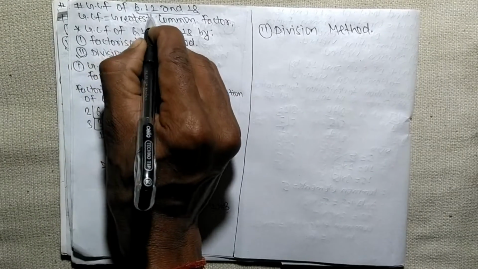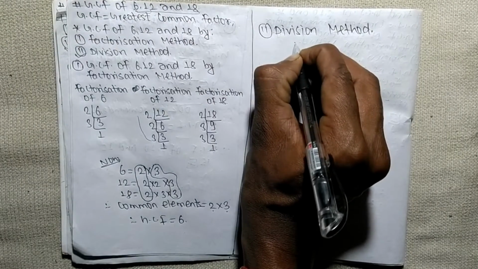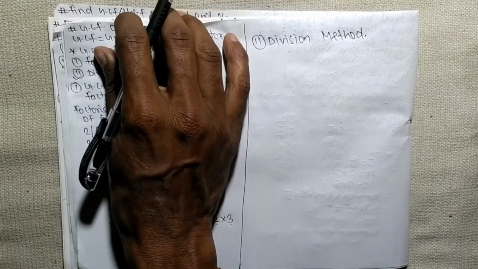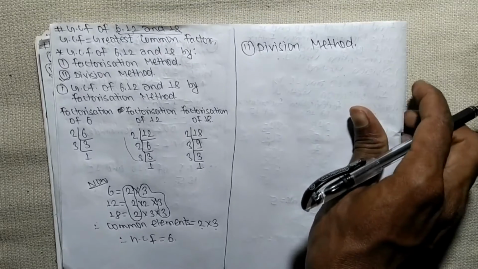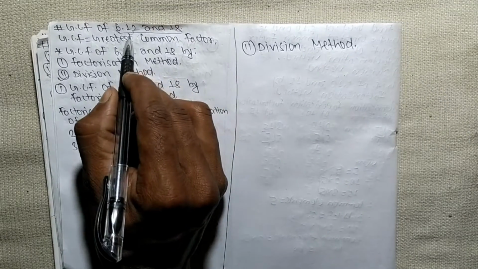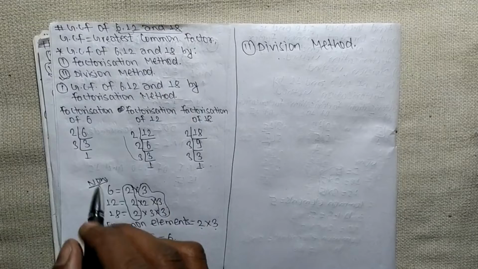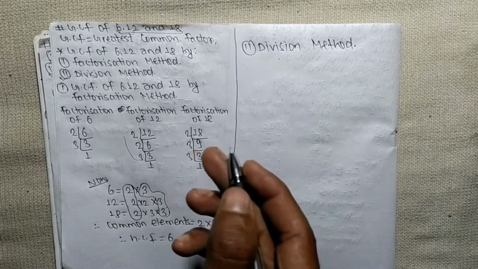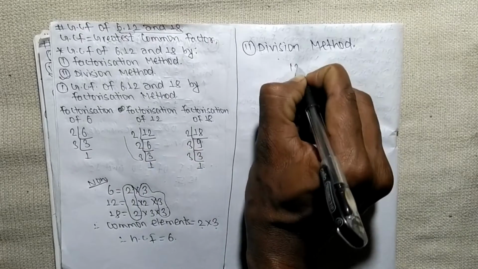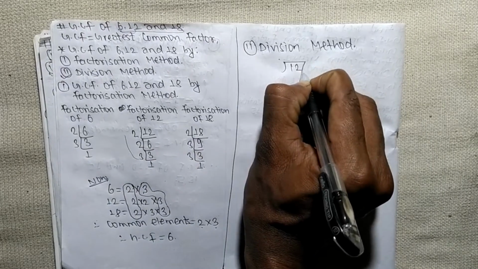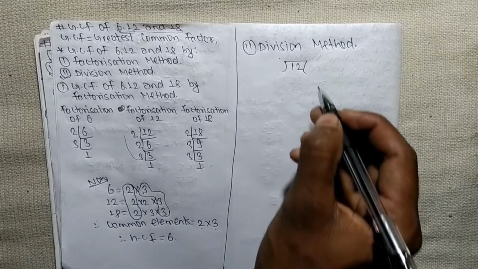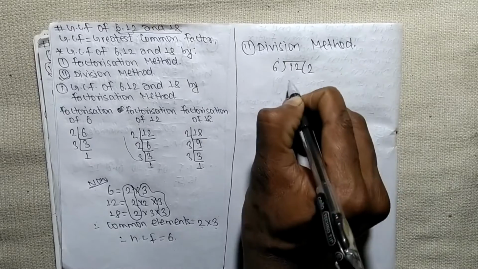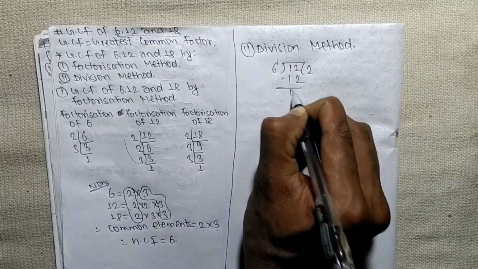Suppose we take 6 and 12. 12 is the greater number and 6 is the lower number. Which means you have to divide 12 by 6. So it is 6 times 2 means 12, and the remainder is 0.